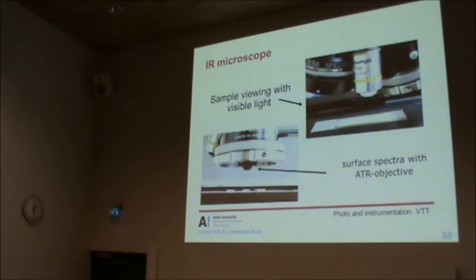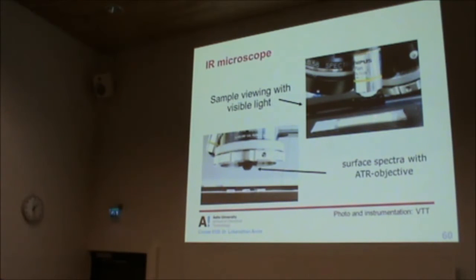Okay, one other facility that you can add to this is a microscope. So other than measuring the infrared spectrum, we also would like to see where we are measuring the spectrum. Okay, for that, what some companies have done is attach an infrared spectrometer to an optical microscope.